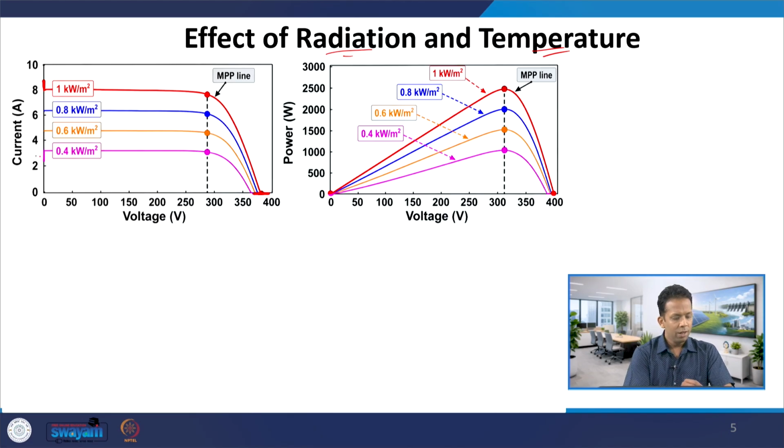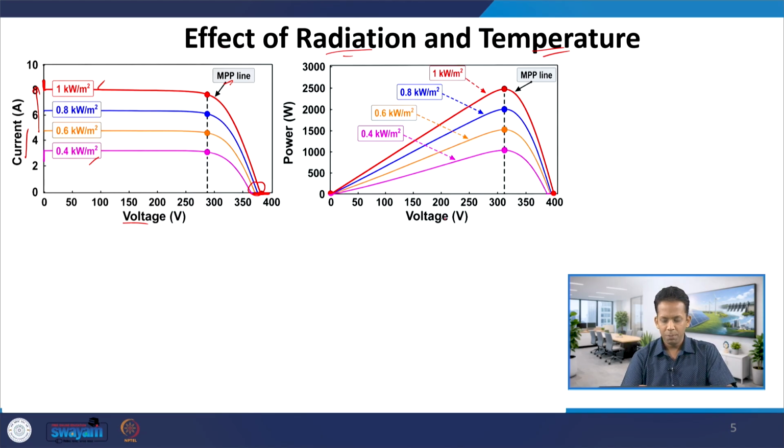As you can see in the IV curve, as the radiation goes on increasing from say 400 watt per meter square to 1000 watt per meter square, the amount of current that is generated goes on increasing significantly, but there is only a slight increase in the voltage, and this is the maximum power line, which goes on increasing corresponding to the current value.